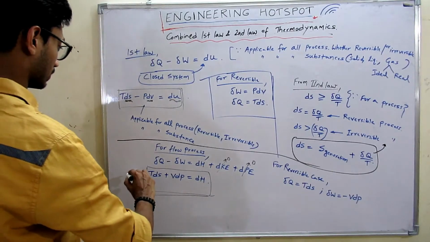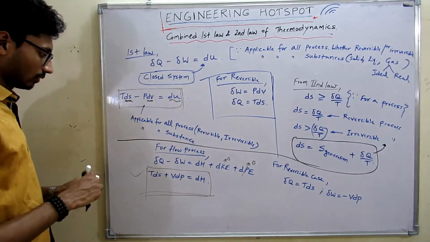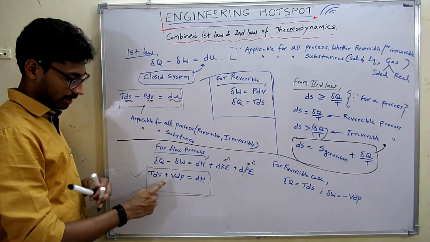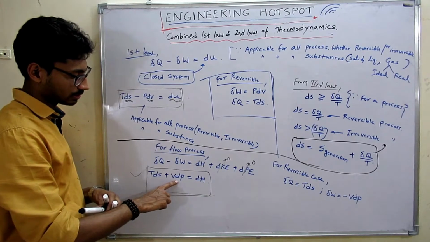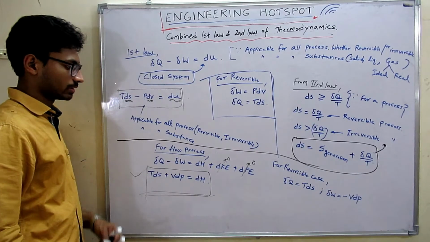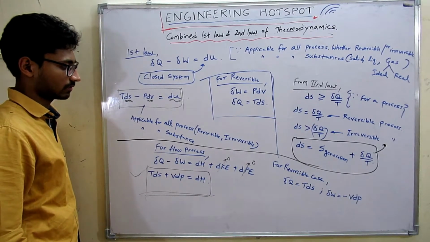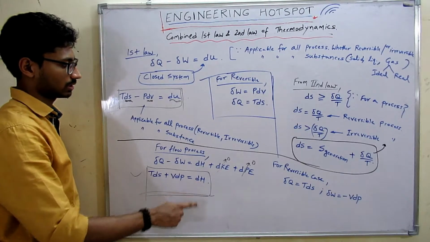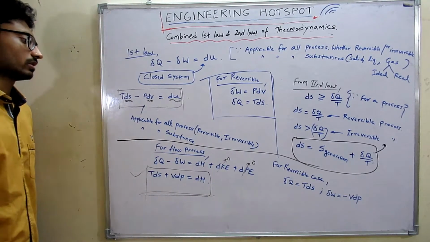Now try to look at this expression again carefully. You will see here dS, that is a point function, dP, that is also a point function, and dH is also a point function.